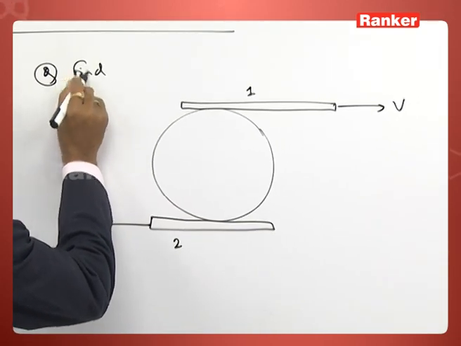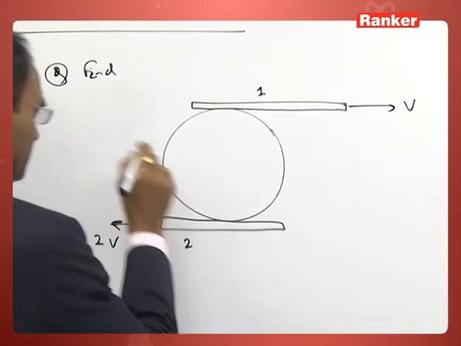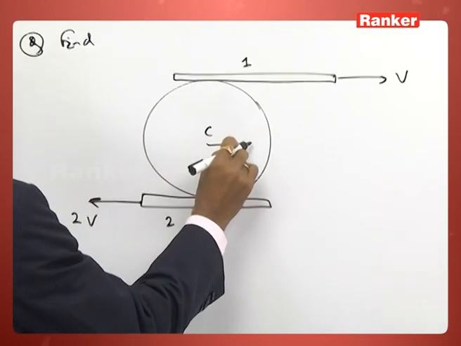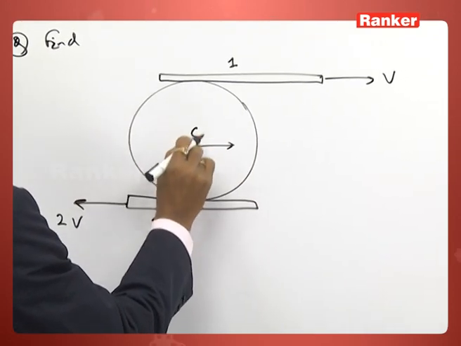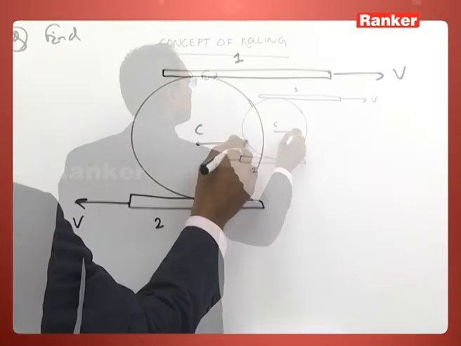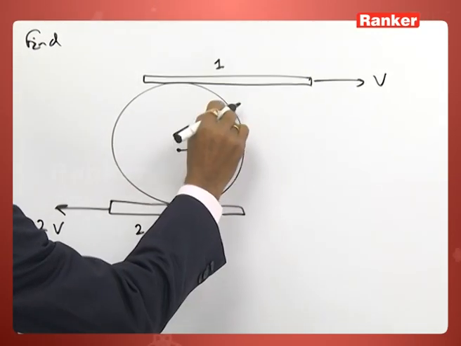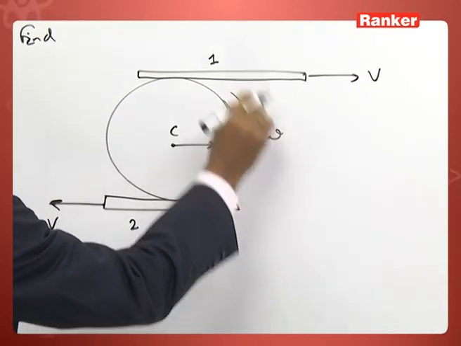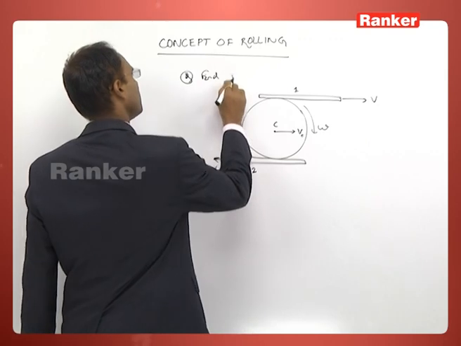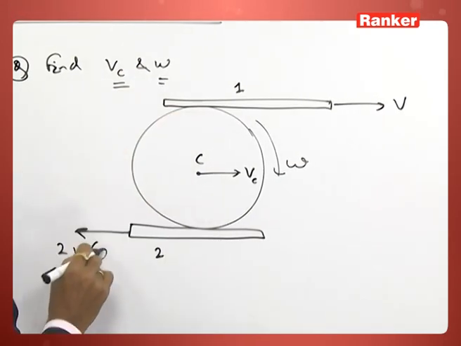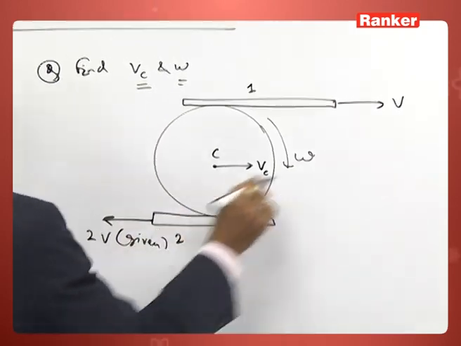Find the velocity of the central point of the cylinder, Vc, and angular velocity of the cylinder. This is given, this is given.